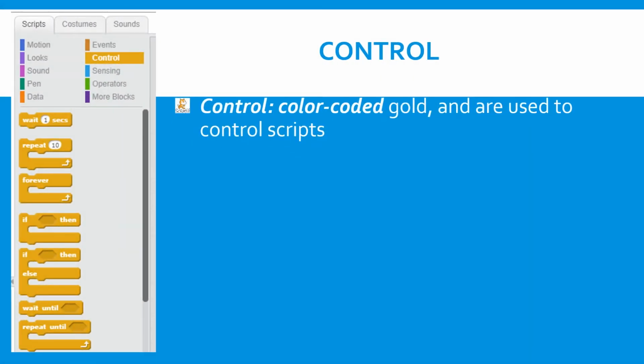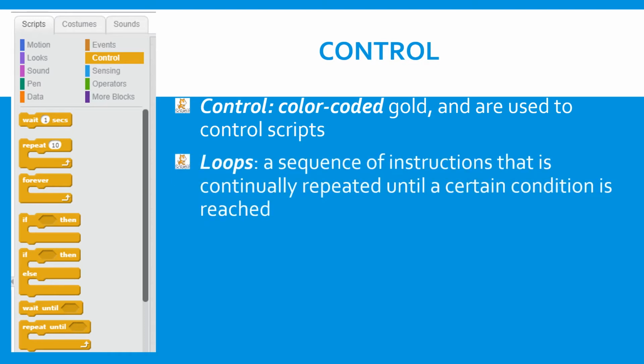The control option. The control blocks are color-coded gold and are used to control the script. Loops. Loops are a sequence of instructions that are continually repeated until a certain condition is reached. Repeat and forever are good examples of looping.